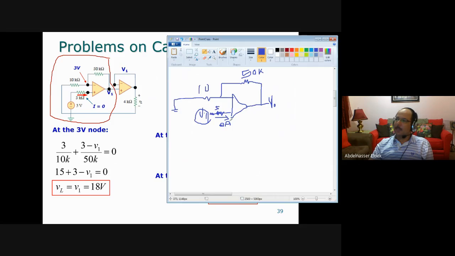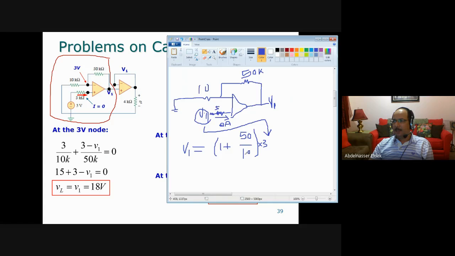Okay, so in this case you can simply say that the output here is V1. We call it V1 here, it's not VO. So let's call this V1. V1 equals 1 plus the output resistor, which is 50, over the input resistor, which is 10, multiplied by the input, which is 3 volt.